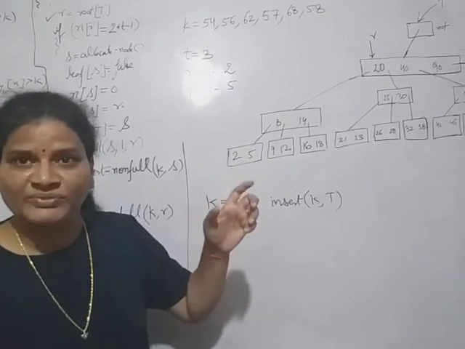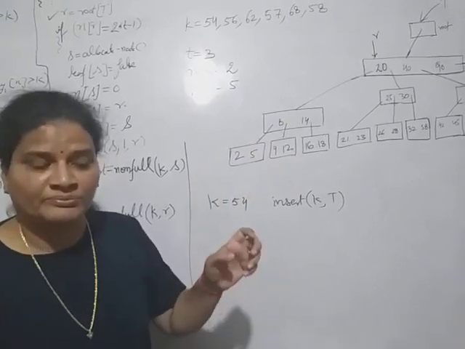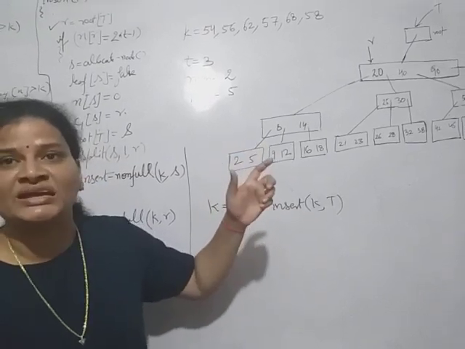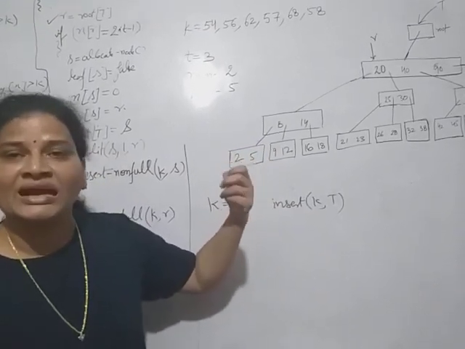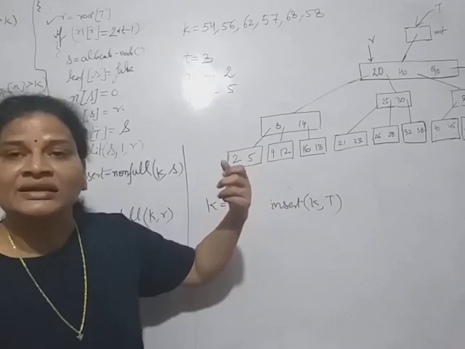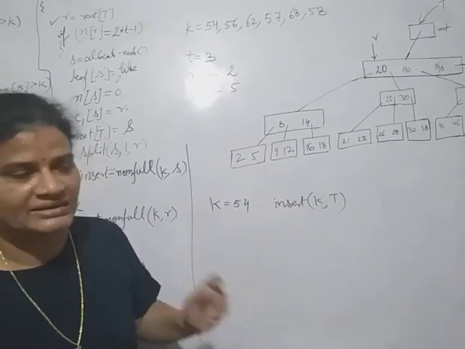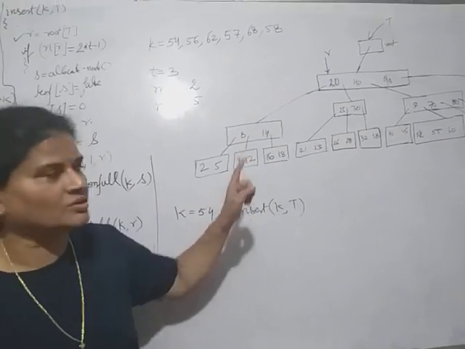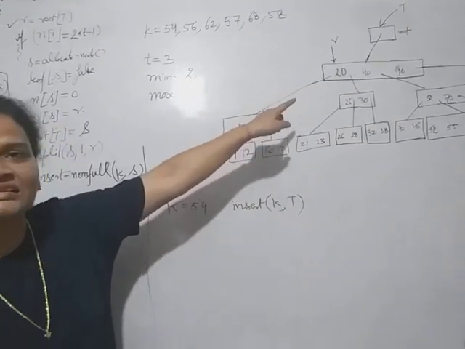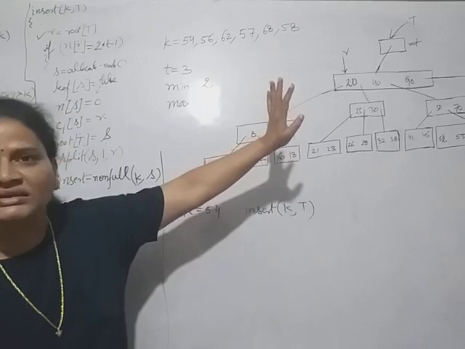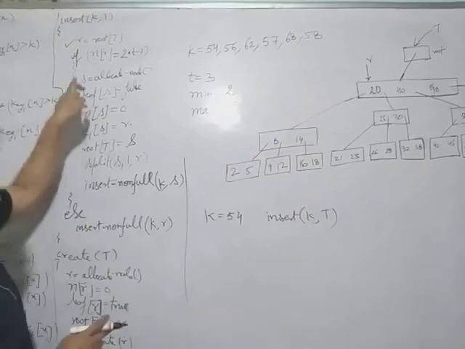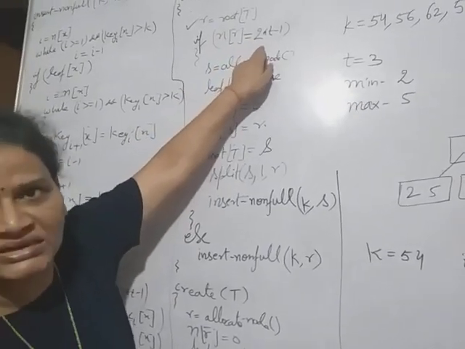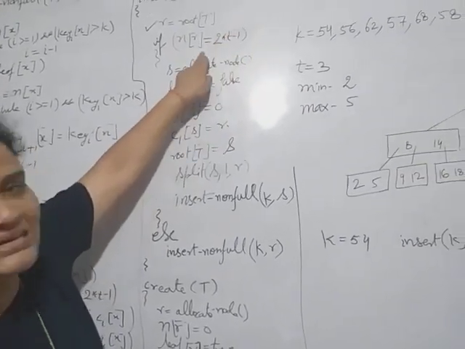So before moving down, make sure that it has one space to accommodate another key coming from the child. Here first it checks whether root is full or not. In this case, the number of keys in the root is not 5, so it is not full. So the condition nr equal to 2t minus 1, where t is 3, is false.